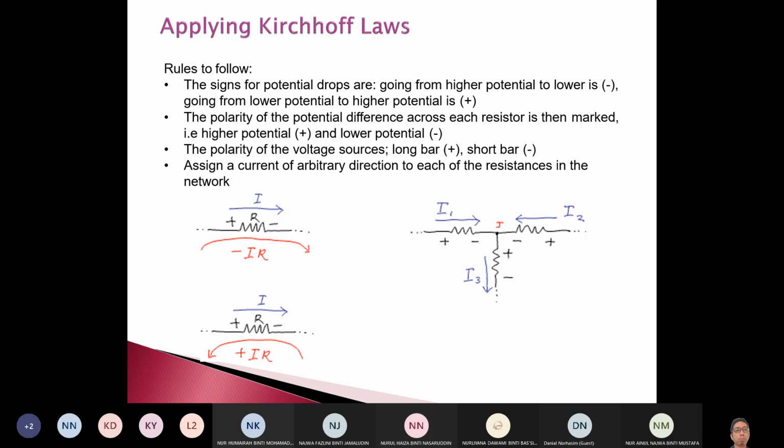So it depends on the polarity of the voltage sources. For a long bar, as you know, it is positive. For the short bar, it is negative.